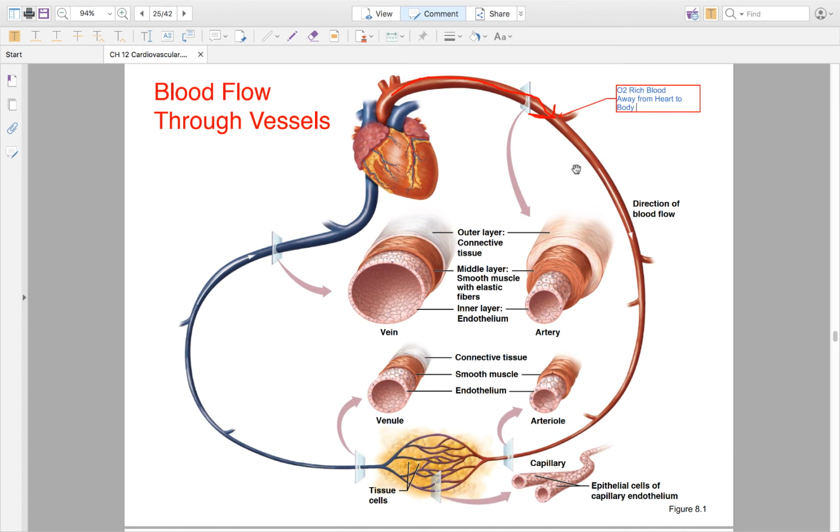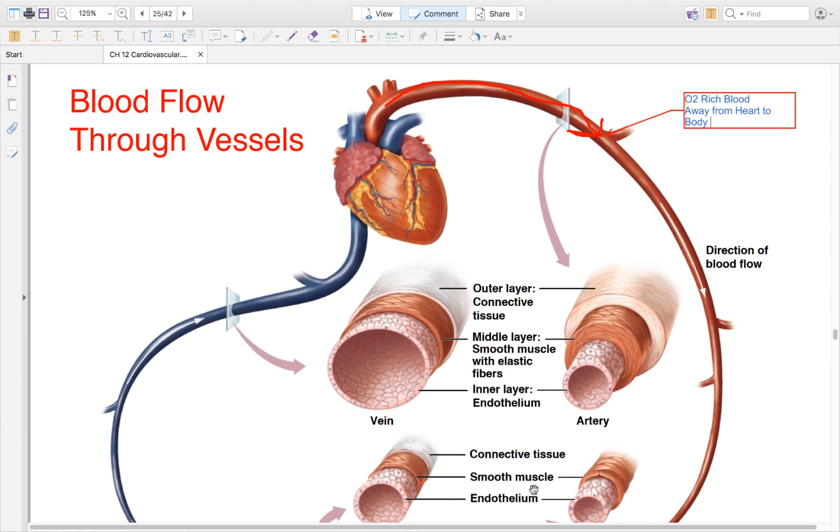And of course we've already looked at the artery structure and how it's got this thick, smooth muscle layer so it can contract. And this is an arteriole, so it's showing that the structure is a little smaller. And then arteries connect to capillaries. And this is a great picture of a capillary because you can see that capillaries were one layer.